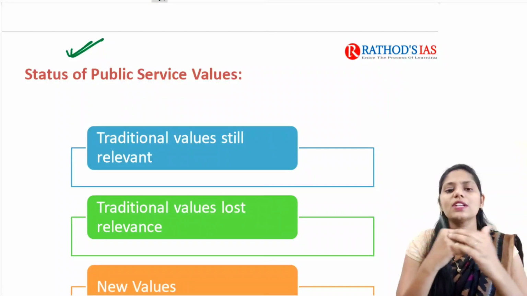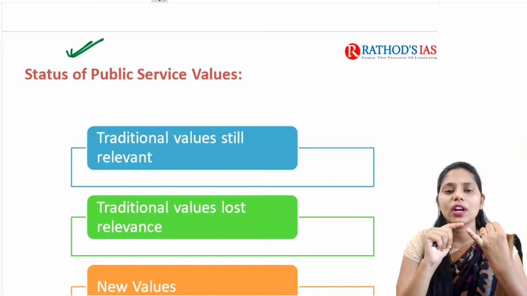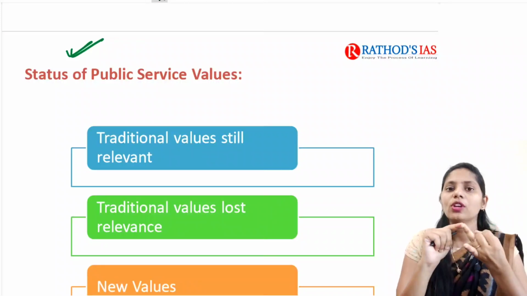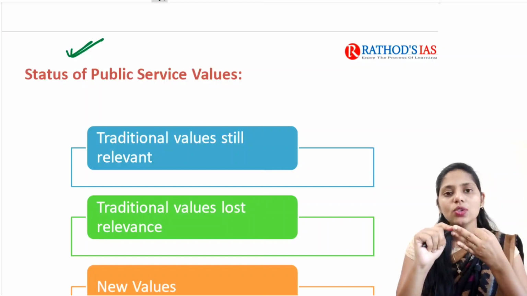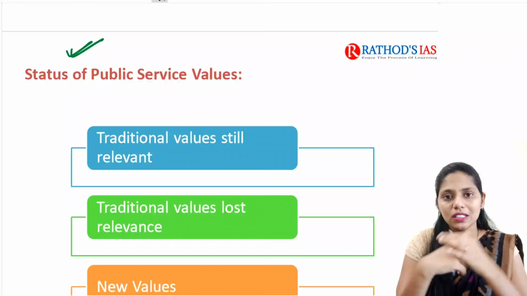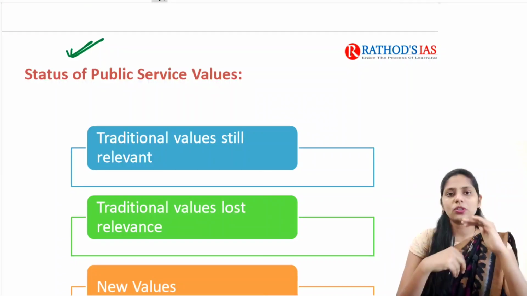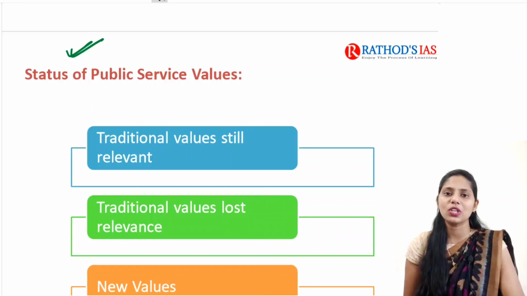So we need to know about traditional values which have relevance now, traditional values which may have lost their relevance, and what the new public service values are that we need in this present generation. These are the three important things you have to know in this topic, the status of public service values.